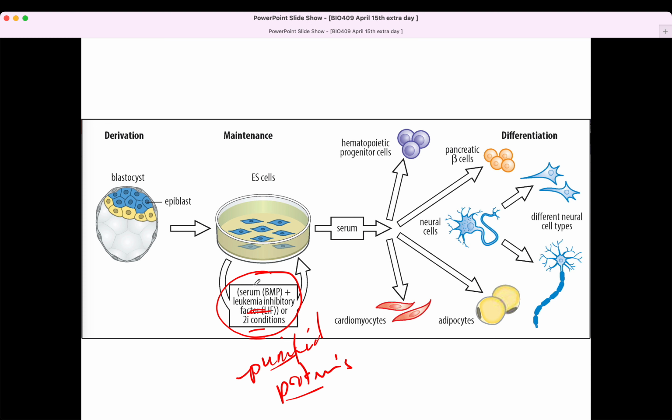These would be a variety of different signaling molecules like we've learned about in our course, and scientists often refer to this as sort of a cocktail or a mixture of these signaling factors. And so we can stimulate the cell to grow and divide, and then in this case, if we just remove these factors, the cells will differentiate. And if we add specific factors, we can get them to differentiate down these different possible pathways.